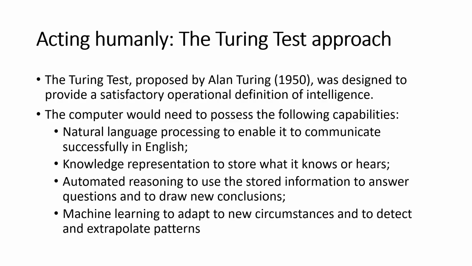Acting humanly refers to creating machines that behave like humans. The Turing test was introduced by Alan Turing. According to this Turing test, if a machine can imitate human behavior such that a human cannot distinguish it from another human, it is considered intelligent.